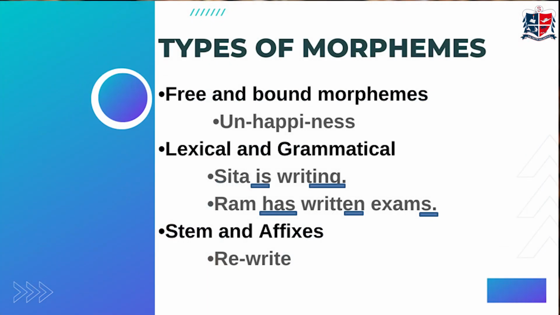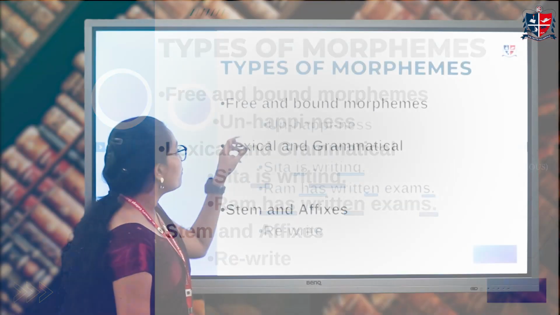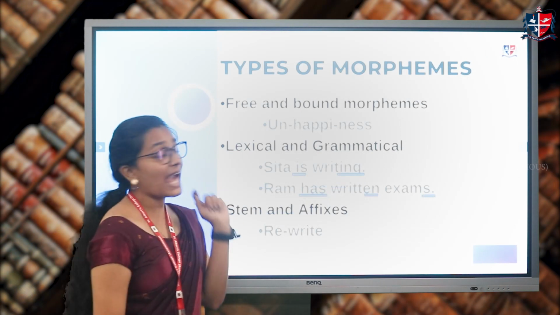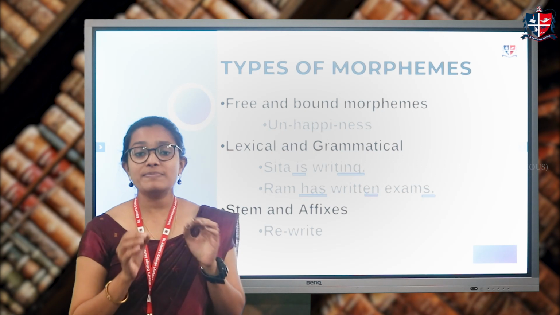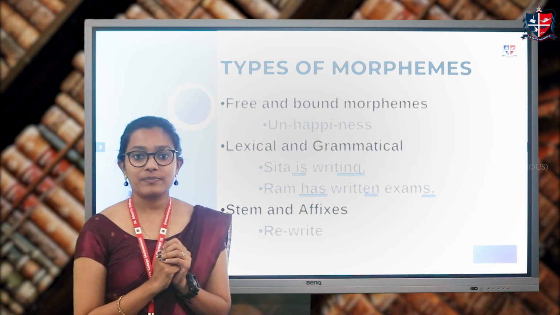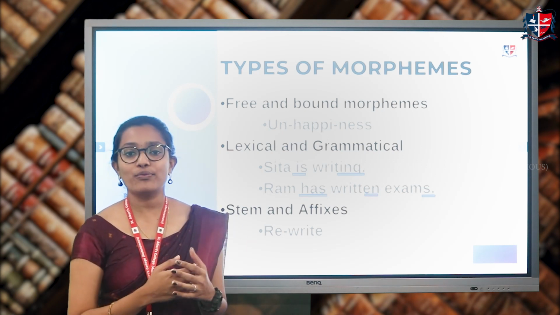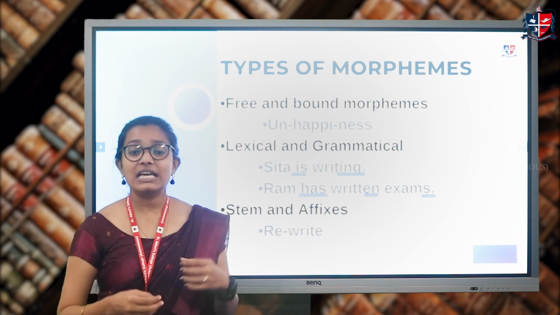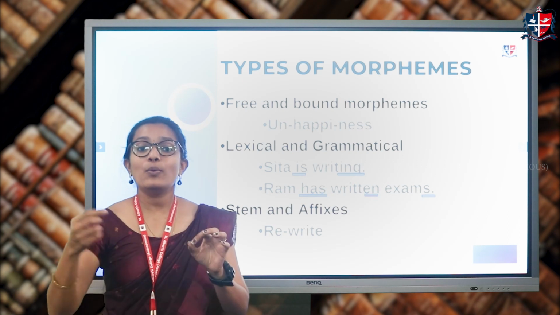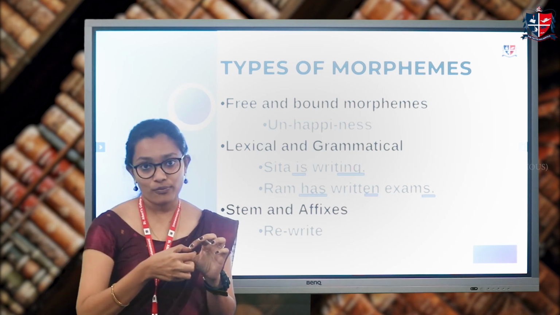Now let's discuss the types of morphemes. The first category is free and bound morphemes. Free morpheme means the morphemes that can stand independently. They don't need any other morphemes to get a meaning. But bound morpheme means it only gets meaning when it is attached to another morpheme.